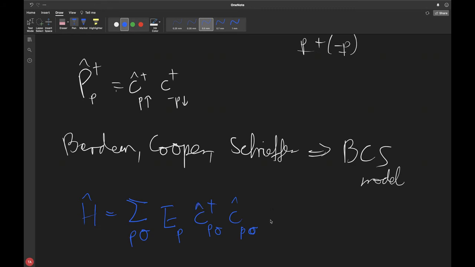This was the kinetic term, and we have minus G over 2V times the sum over all momenta p and k of the uppercase P and uppercase K dagger operators, which again create these pairs. And now we have the interaction between these pairs here.